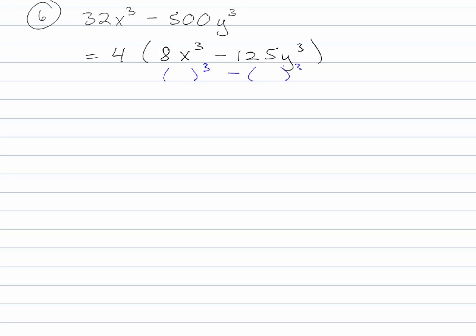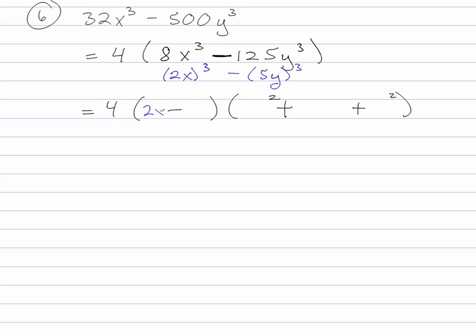It's just making sure you figure out what goes in there. Here's going to be 2x, and here's going to be 5y. So 2 cubed is 8, x cubed is x cubed, 5 cubed is 125, and y cubed is y cubed. So I'm going to set up my template. Since this is a minus, that means this has to be a minus and this has to be a plus. The last term is always plus and the first and last terms are squared.